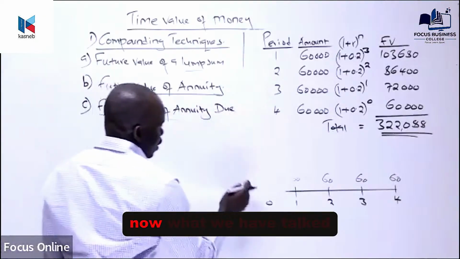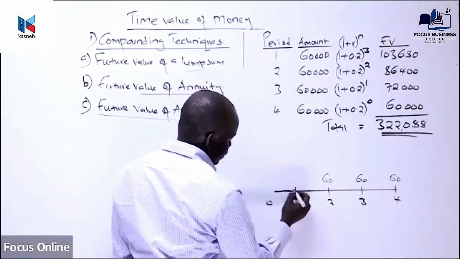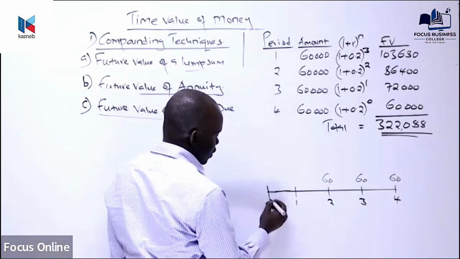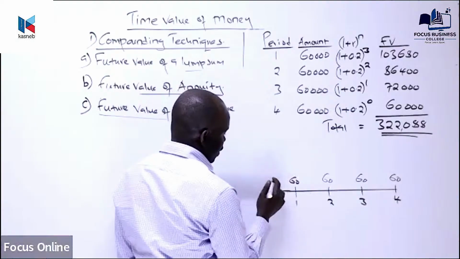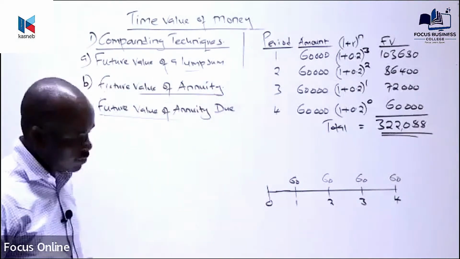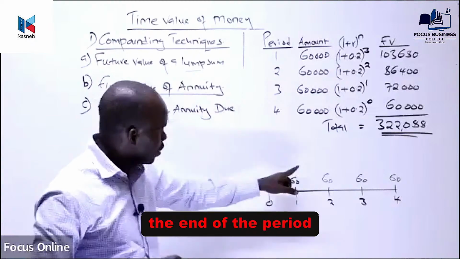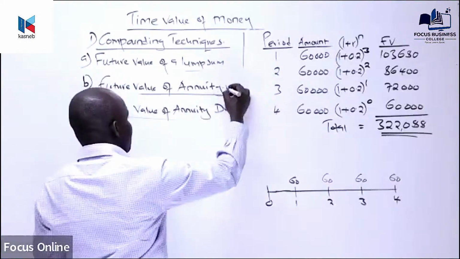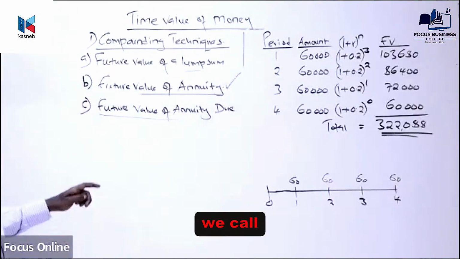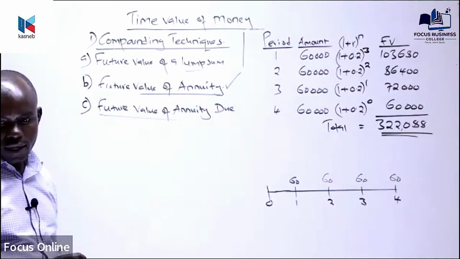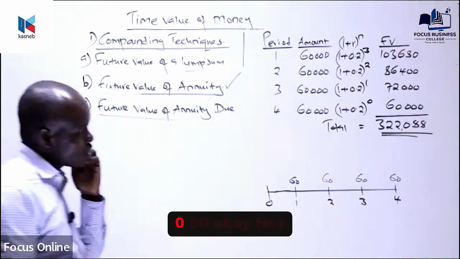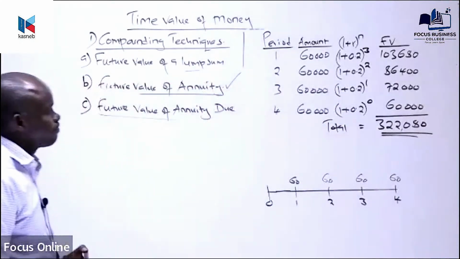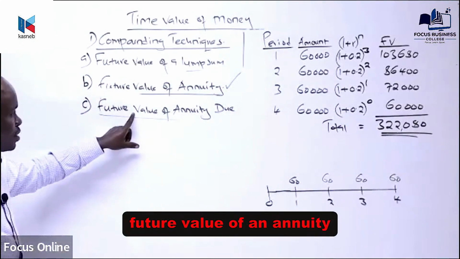Now, what we have talked about here is an annuity that occurs at the end of the period. So here we had 60. If an annuity occurs at the end of the period, like in this case, that is what we've done in part B. But now we have the future value of an annuity due.